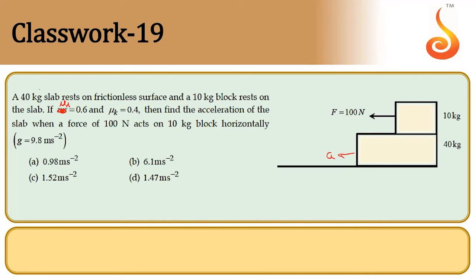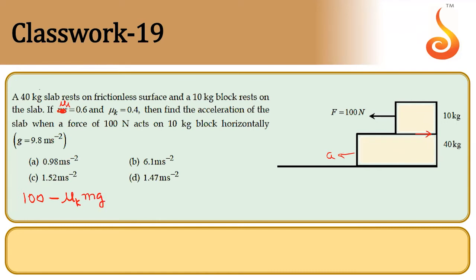See, when 100 Newton force acts on it, so frictional force acts opposite to it. Frictional force will act opposite to the direction of relative motion. So what happens? 100 minus frictional force. Frictional force is kinetic friction. It has started moving. So mu k into mg. Correct?